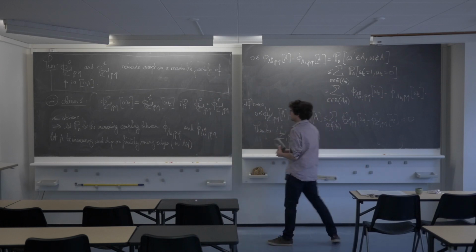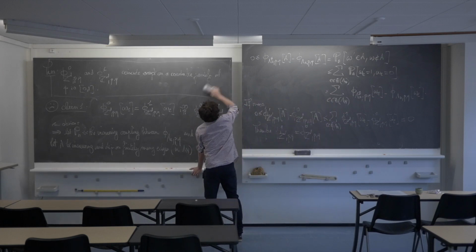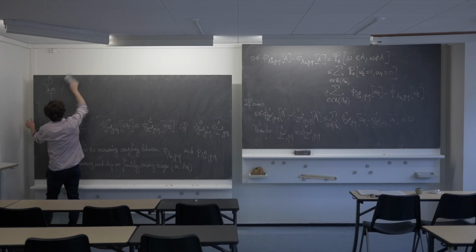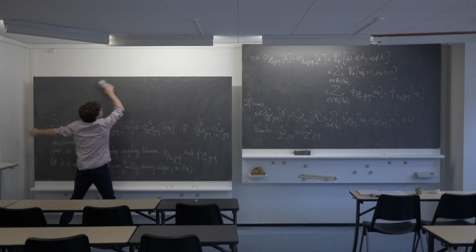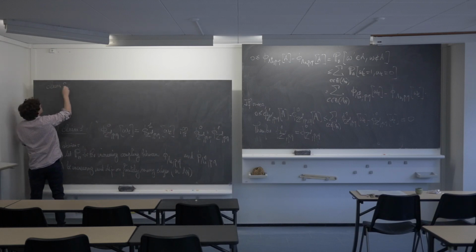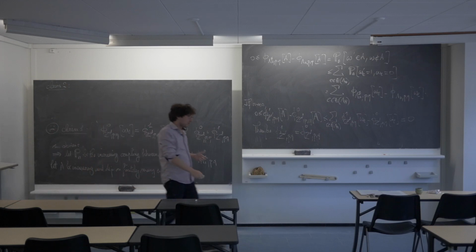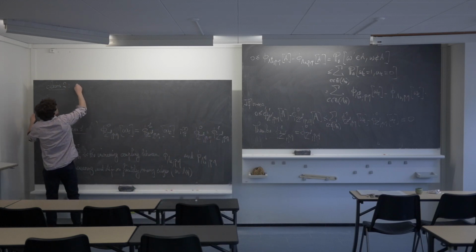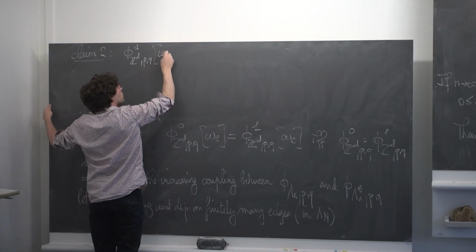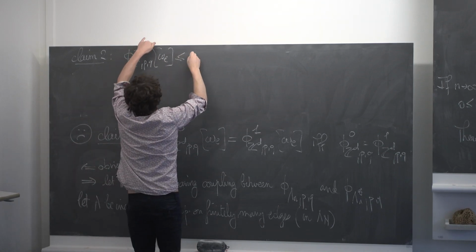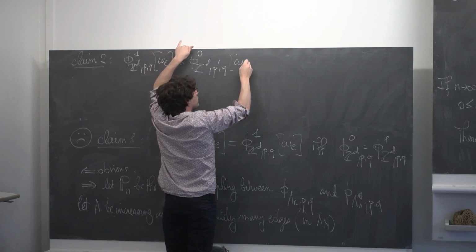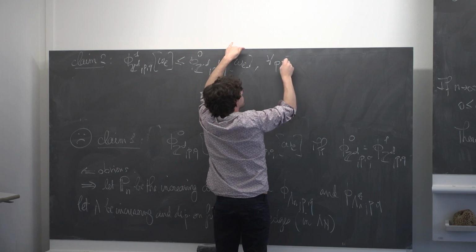Now, how do we use that? So the argument is going to be that claim 2 is going to be that phi 1 ZdPQ of omega E is smaller or equal to phi 0 ZdP prime Q of omega E for every P smaller or equal to P prime.